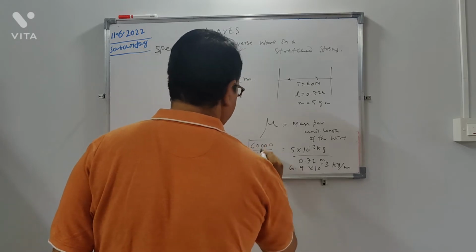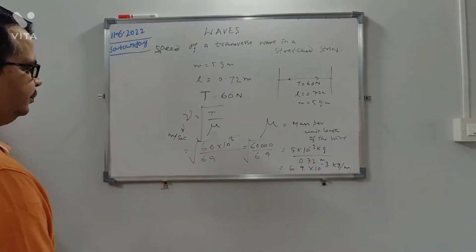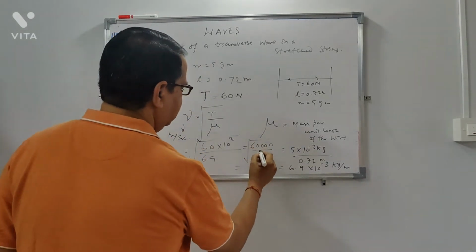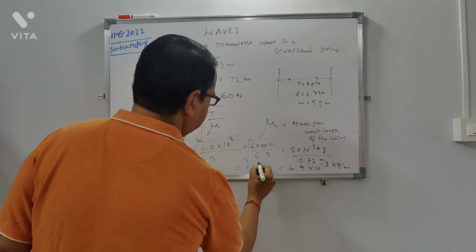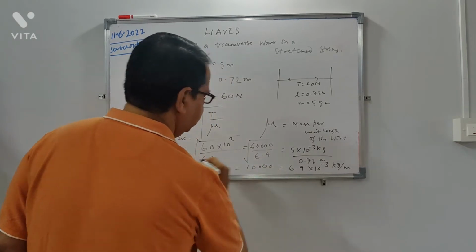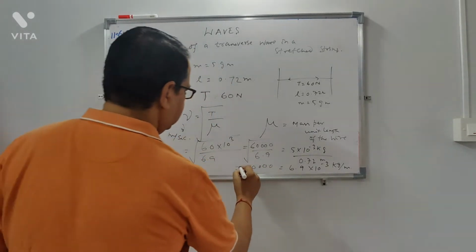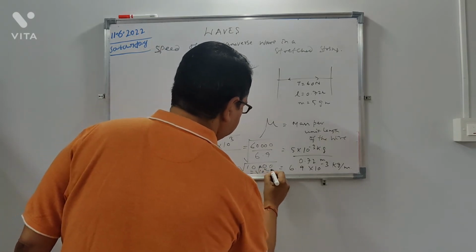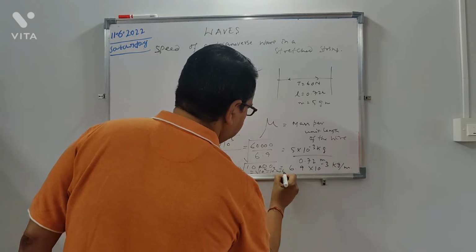So this will be approximately 10,000, which is 10 to the 4 square root, which is 10 to the 2 meter per second.